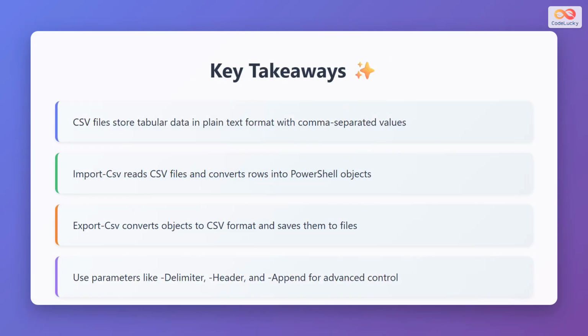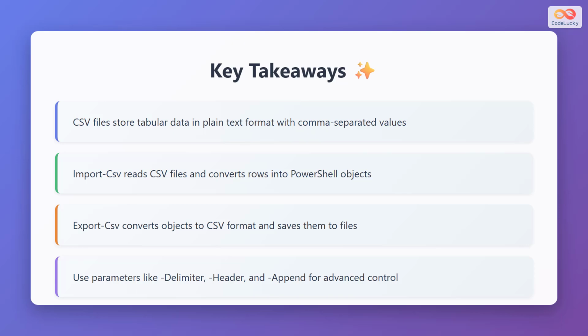Let's recap what we've learned. CSV files are plain text files that store tabular data using comma-separated values, making them universally compatible and easy to work with. Import-Csv reads these files and automatically converts each row into PowerShell objects with properties based on the column headers. Export-Csv does the reverse, taking PowerShell objects and saving them as CSV files.